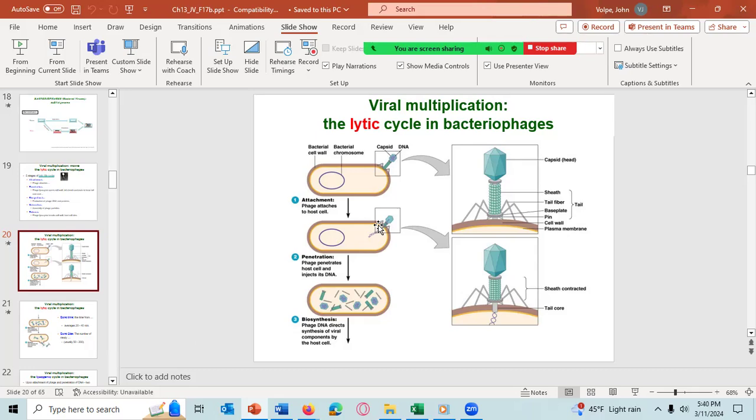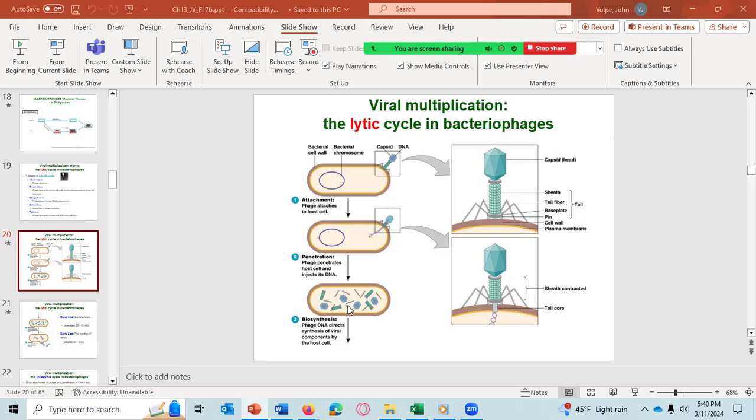And then there's viral assembly, where the viral genome will be replicated. For a double-stranded DNA virus, it's pretty easy. You just use each strand as a template to make a newly replicated strand. And then you transcribe the viral messenger RNA, and then translate that into viral proteins.